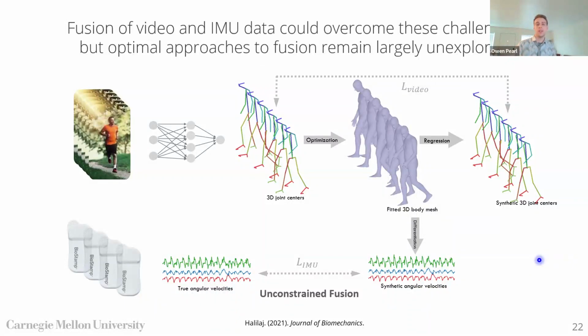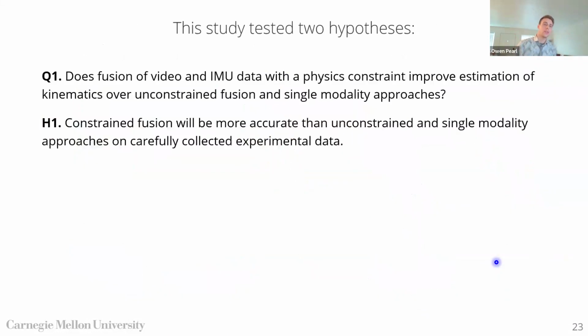But this opened up a question, which was that almost all of this process is data-driven. What happens if we implement multi-body dynamics in this process? Does adding physics laws as a constraint make it more accurate? And so that led to the questions of this first study: if we add a physics constraint, does that improve our accuracy of kinematics estimation over an unconstrained fusion approach and over the two single modality approaches, IMUs by themselves or computer vision by themselves?